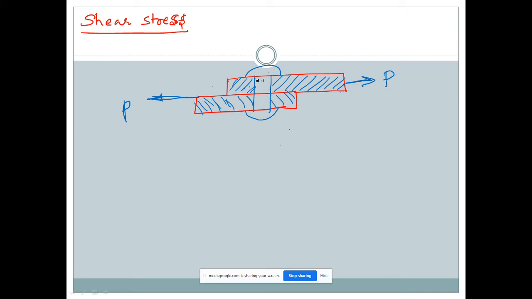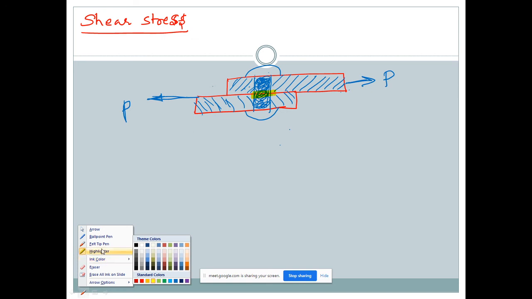Now you just look out here. This is the rivet which has been used to connect both plates, plate 1 and plate 2. Now if the load is more, it is going to cut at this location, right? So what happens if shearing of the rivet takes place?